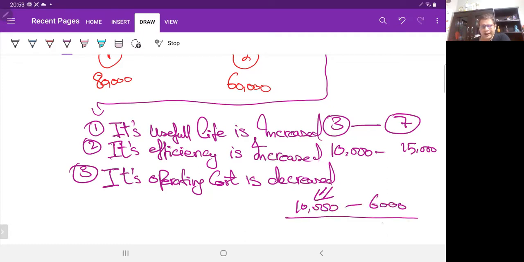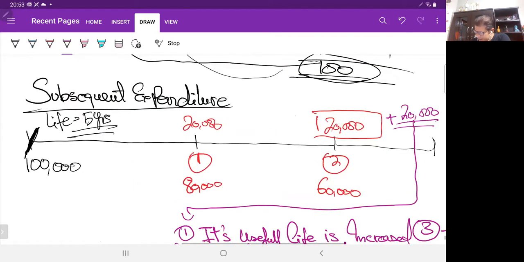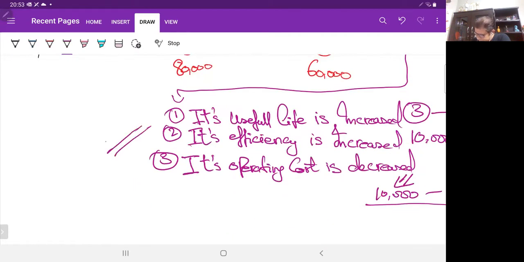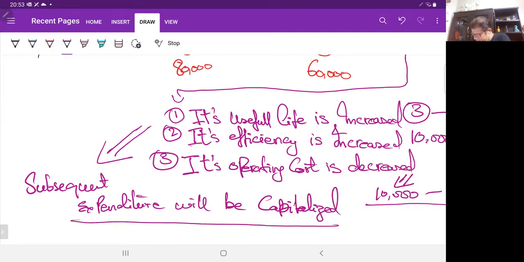So any one of these three can happen. Such expenditure is subsequent expenditure, and remember, subsequent expenditure will be capitalized. So far, so good. I hope you get it till here.